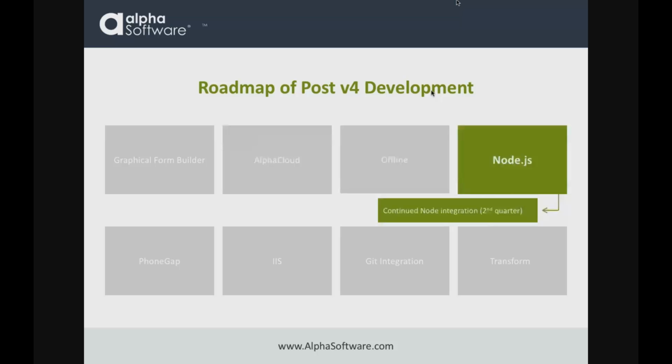IAS, we're going to be continuing to tighten the integration. It is in production now. We're having clients use it and seeing really great results in terms of better performance, better manageability, and in general, they really enjoy using that technology. But we're going to tighten the integration even more with IAS, with the IDE, and also, which is really cool, right now Alpha is really the web server for the Alpha applications.